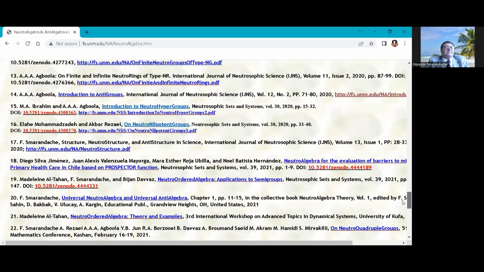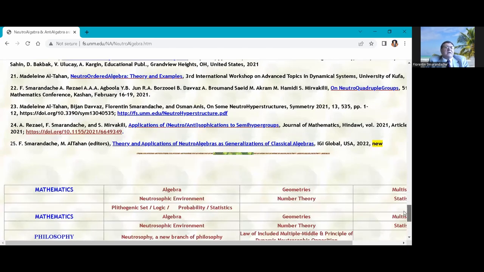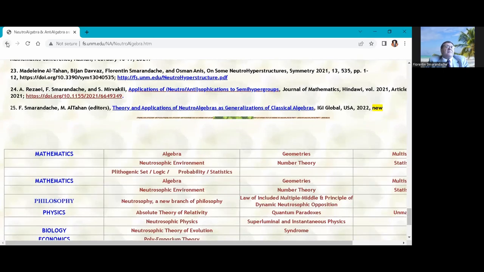And then we have also Diego Silva Jimenez, Juan Alexis Valenzuela Mayorga, Mara Esther Roja Ubia, and Noel Batista Hernandez from Latin America, Madeleine Altahan from United Arab Emirates, Bijan Dawaz, Milwayi, and other people.